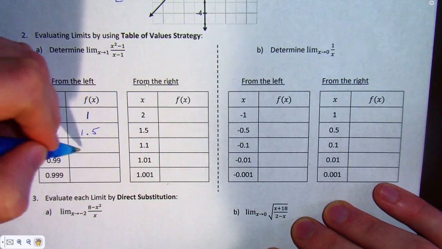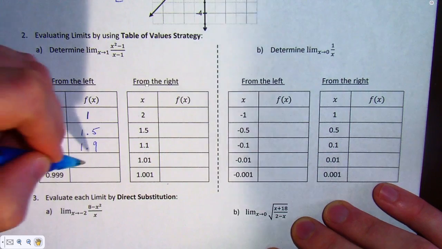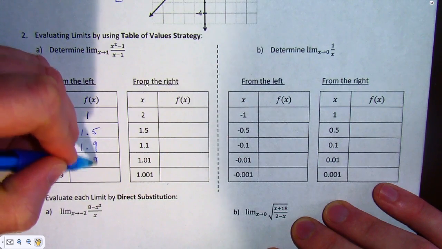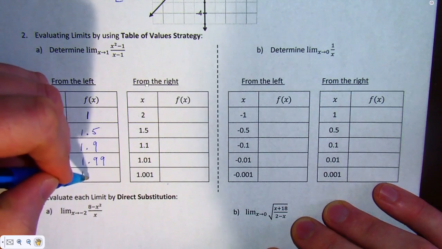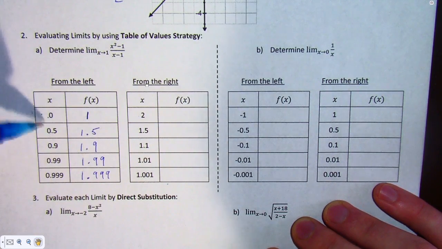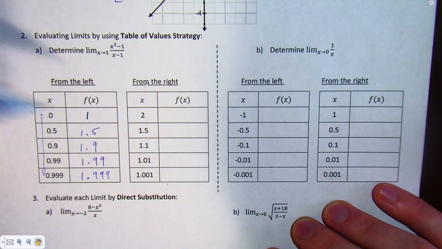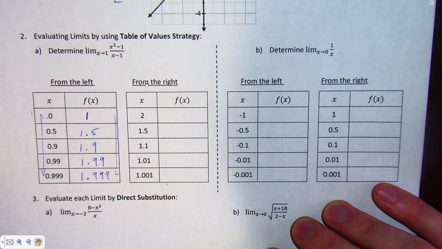If I sub in a 0.9, I'll get 1.9. 0.99 will give us 1.99, and 0.999 will give us 1.999. So you can see as our x value approaches 1, our y value, or our f of x, is approaching 2. So that's how you know our left-hand limit is 2.